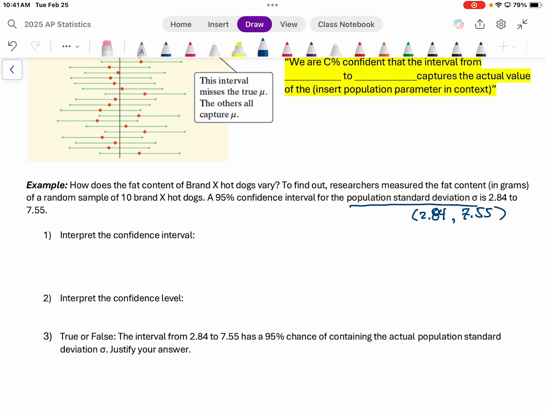So we're going to take this and interpret the confidence interval for the first part. So here, using our script up above, the one right above us in yellow, we would say as follows.